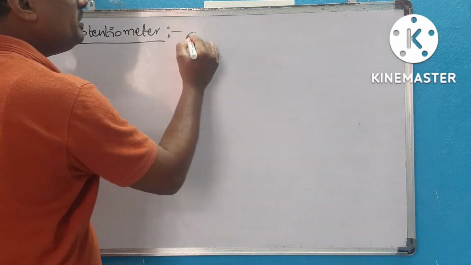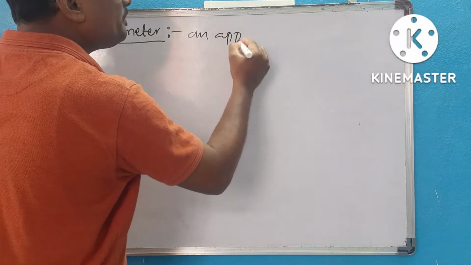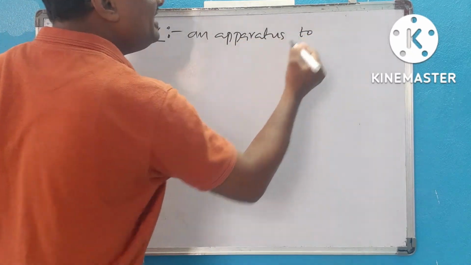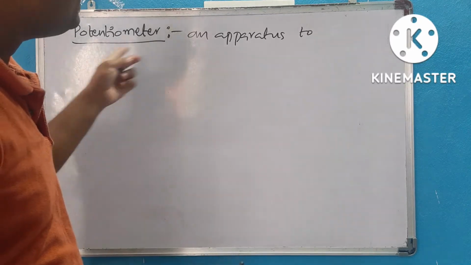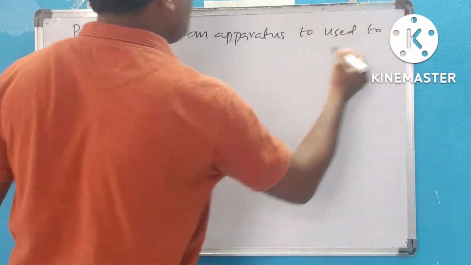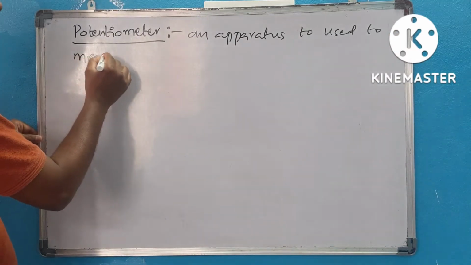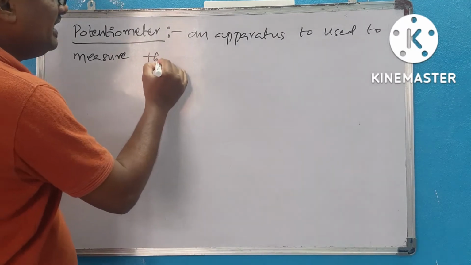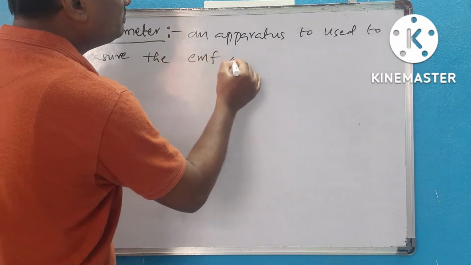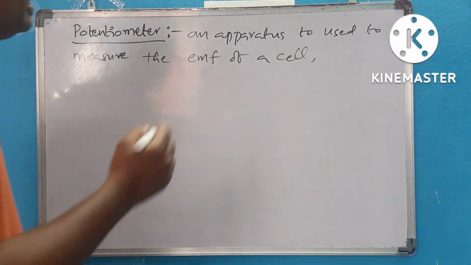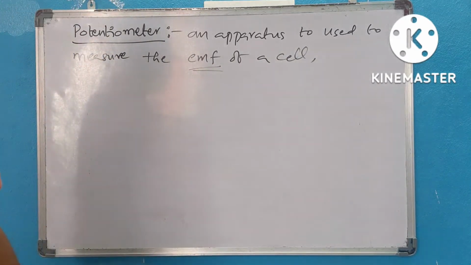The potentiometer is an apparatus. What is the use of the potentiometer? It is an apparatus used to measure the EMF, electromotive force, of a cell.